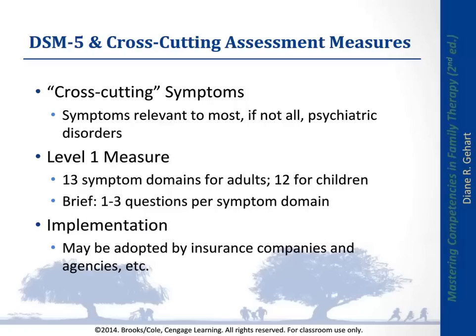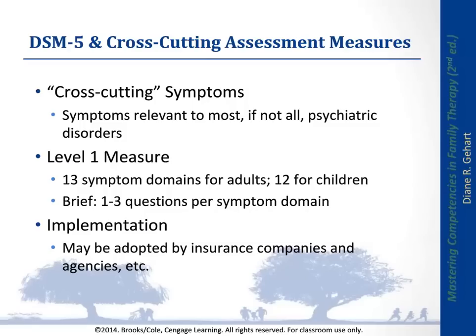And cross-cutting symptoms are symptoms that are relevant to most psychiatric disorders, such as insomnia, mood, anxiety, irritability, these sorts of things. And there are also adult measures and child measures. These cross-cutting symptom measures are broken into a level 1 measure, which is the first level, and then there are level 2 measures.